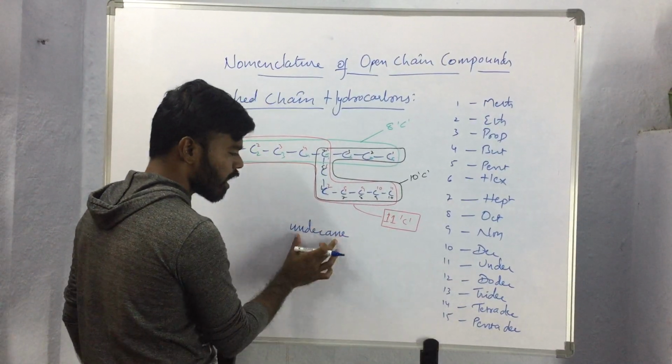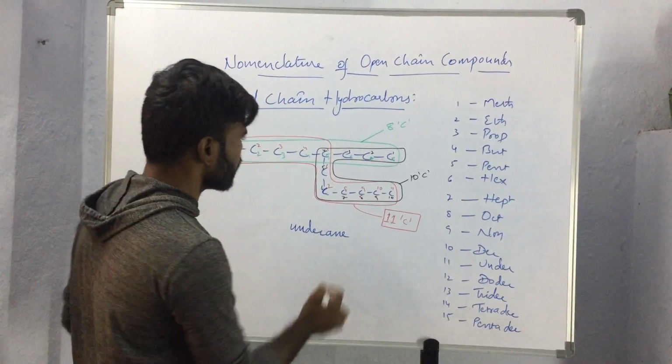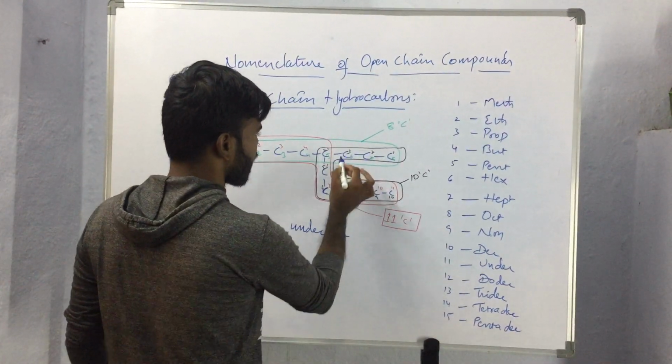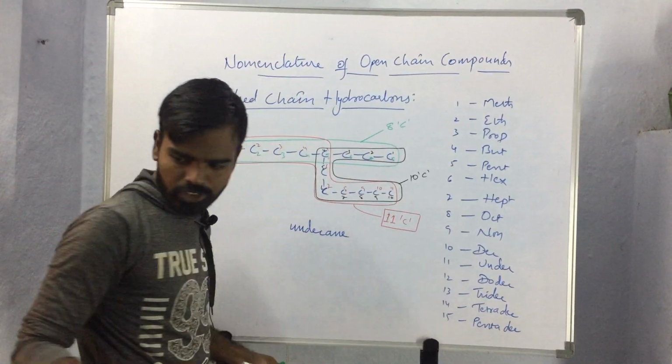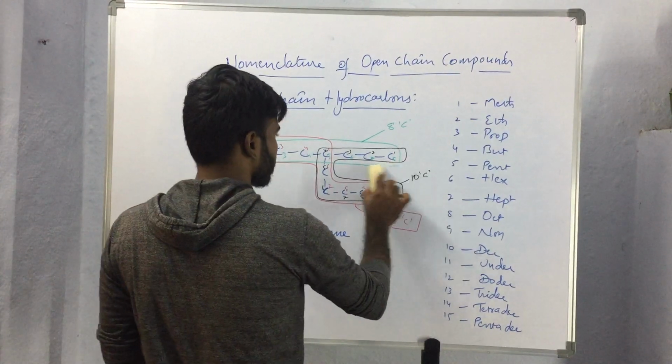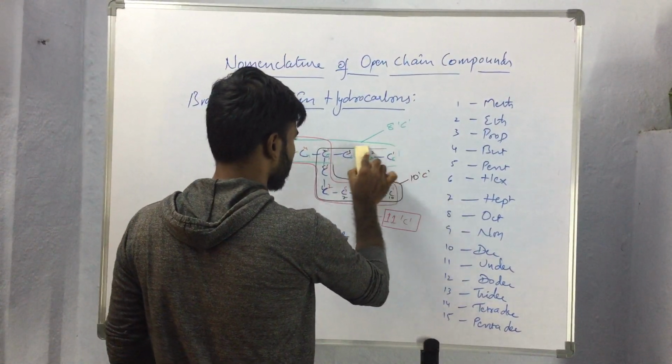Now we have to identify the substituents. So here this will be considered as the substituent because this will be the longest chain. Let me erase these so that we won't be having any confusion.